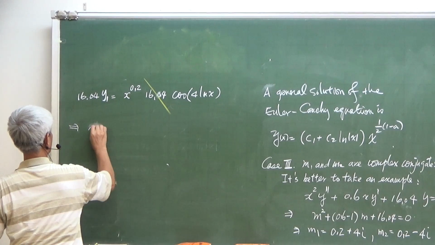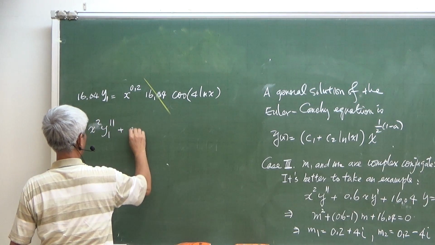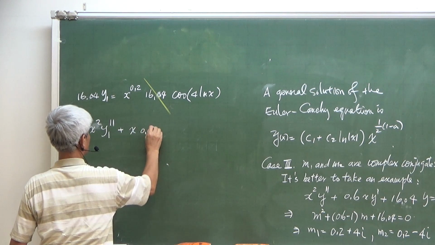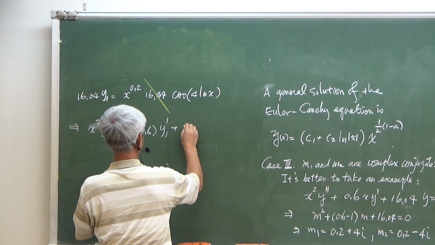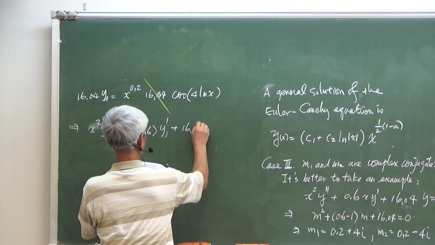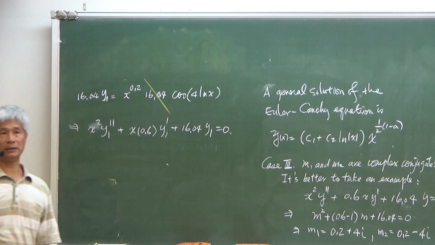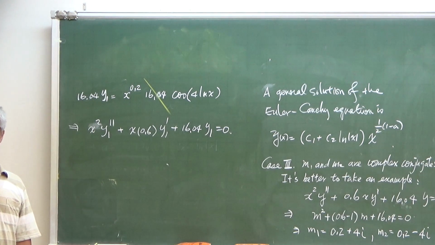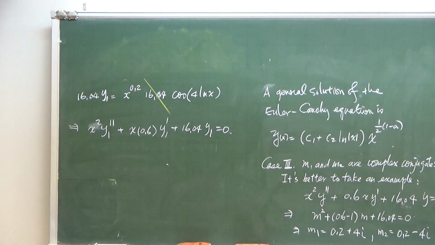So we conclude that x squared y double prime plus 0.6x y prime plus 16.04 y equals 0. So we have done, because this is correct, right? After some basic calculations.